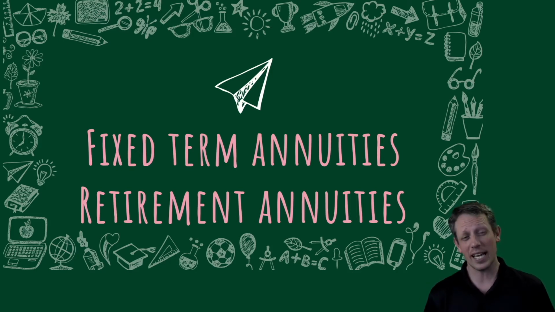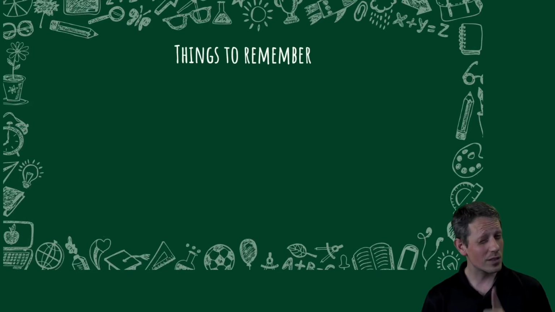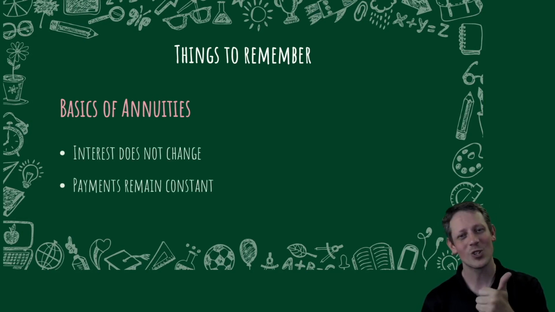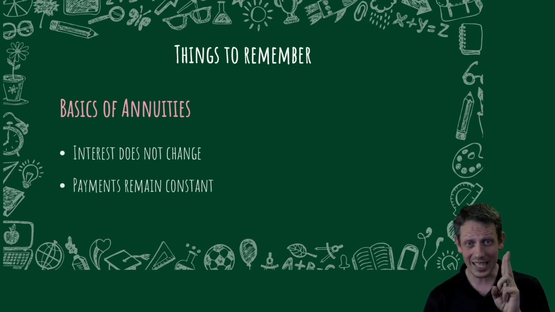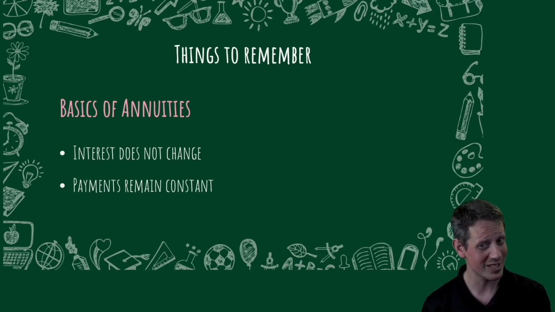So when we look at annuities, always remember that annuities follow a certain pattern. Let's look at the things you need to remember. The first thing, for all annuities, both present and future value, is that the interest rate remains constant. Secondly, the payments remain constant.